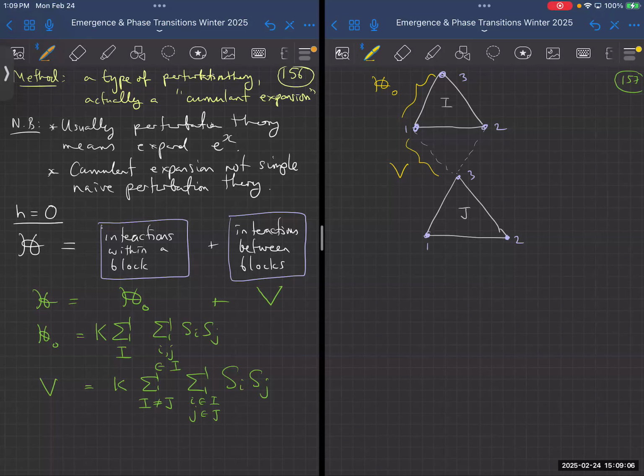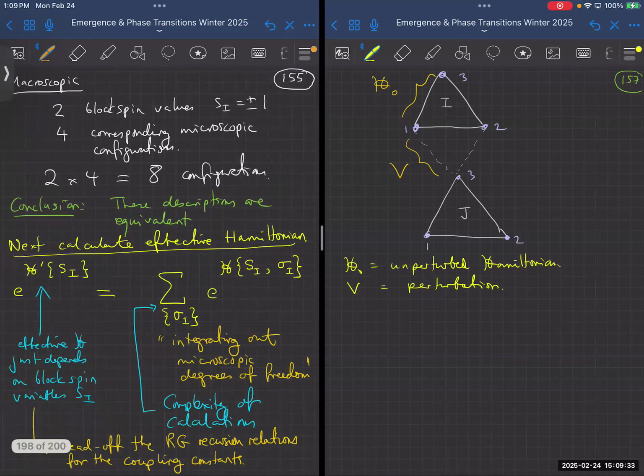So what we're going to think of then is that H naught is our unperturbed Hamiltonian. And V is our perturbed Hamiltonian. V is our perturbation. So what we want to calculate is over here, we want to calculate the sum over the microscopic degrees of freedom. Over here, we want to compute the sum of e to the h.